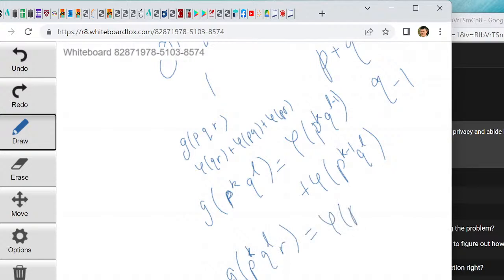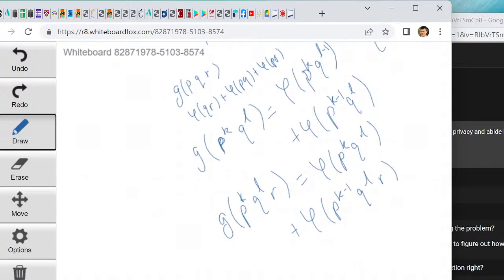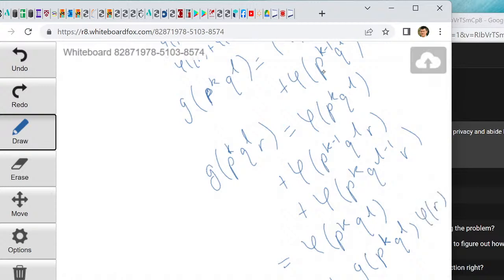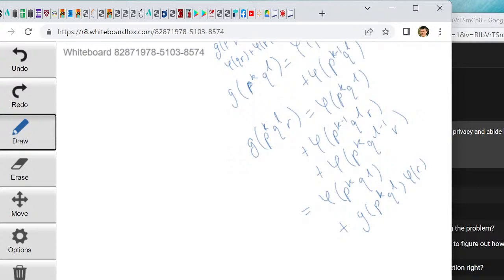No, it's still, it'd be phi of P to the K, Q to the L plus phi of P to the K, Q to the L minus 1, R. And then this is just phi of P to the K, Q to the L plus G of the previous thing. Maybe that's true.